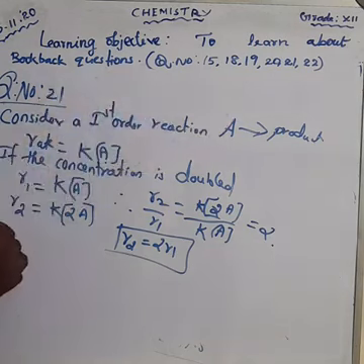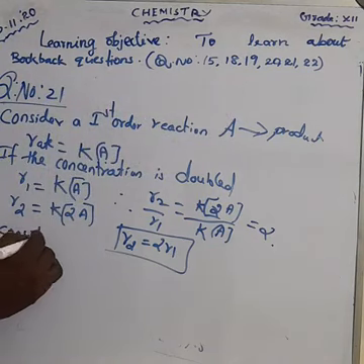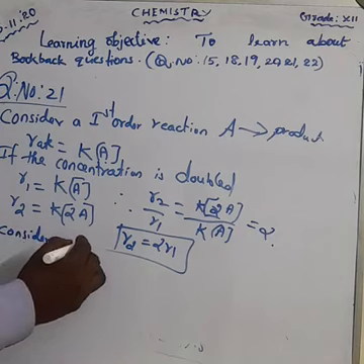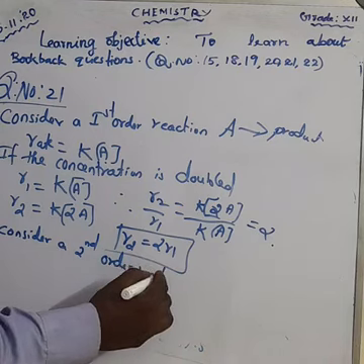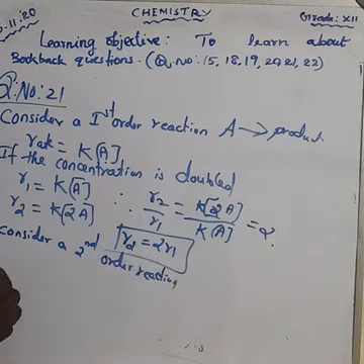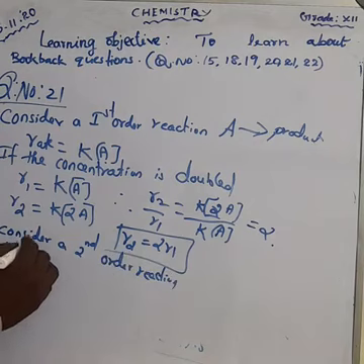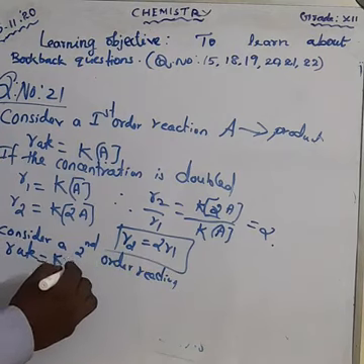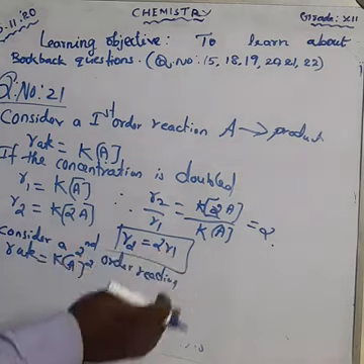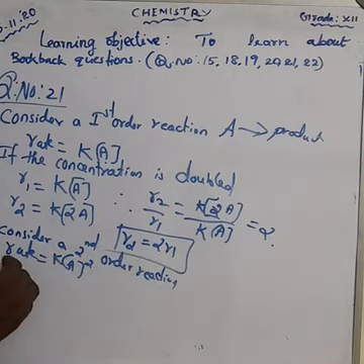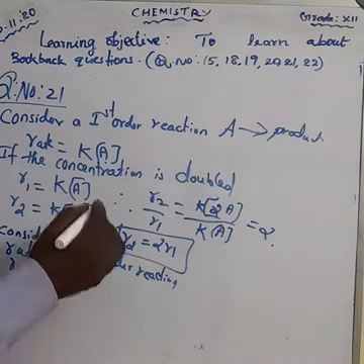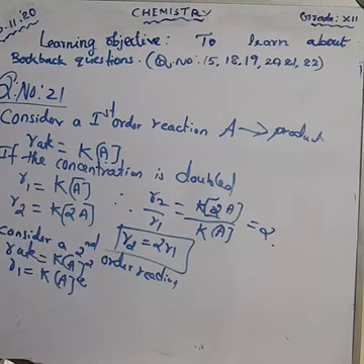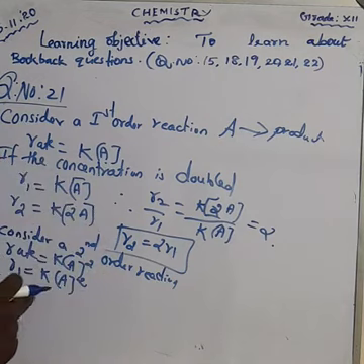We can discuss the second order reaction. Consider a second order reaction, that is, rate is equal to K into A squared. Second order reaction. R1 is equal to K into A squared.